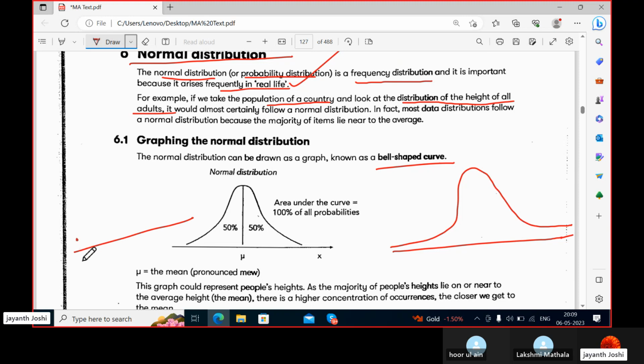I just put all the heights here. The average height of an individual in India is 6 feet, and then comes 7 feet, then 8 feet. I don't find anyone of 8 feet, maybe 5 feet, then 4 feet, then some people are very short, like 3 feet.